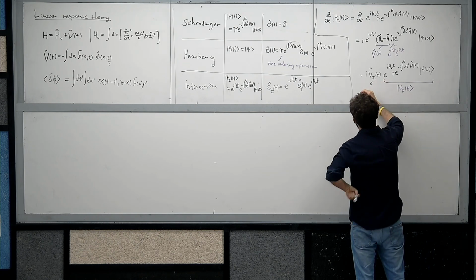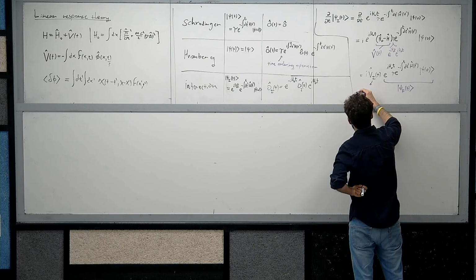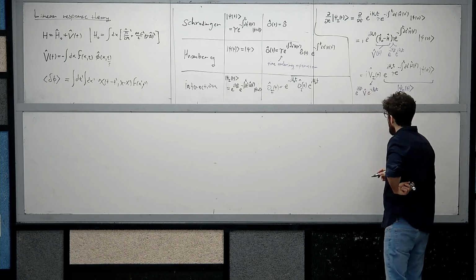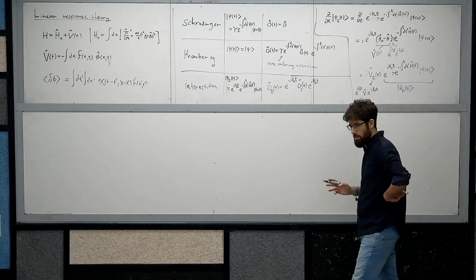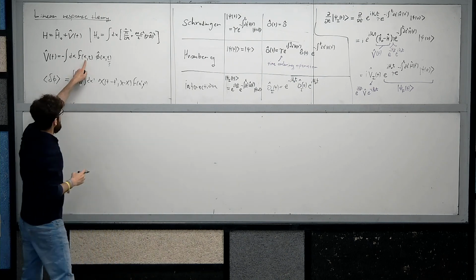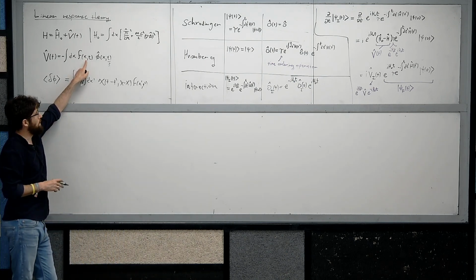So this guy is e to the iH naught t V e to the minus iH naught t. Now, the point is that V has time dependence, okay, coming from this guy, okay? But now we're also evolving.